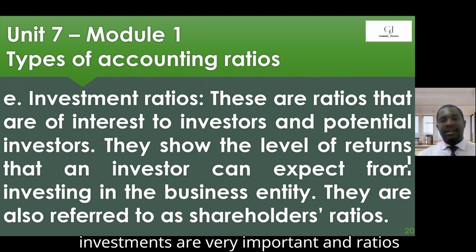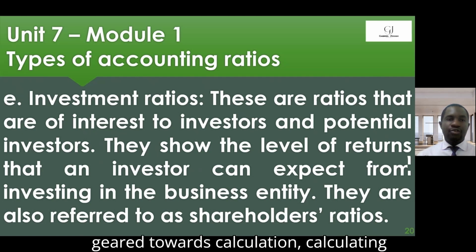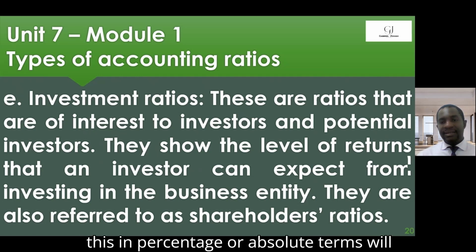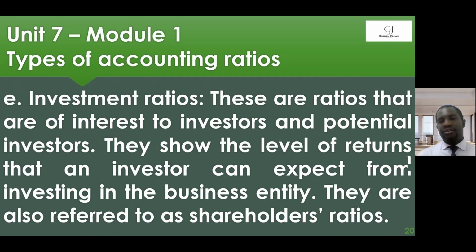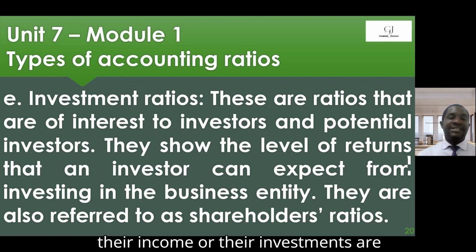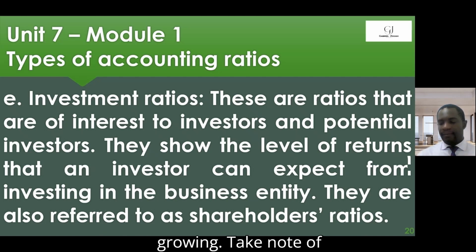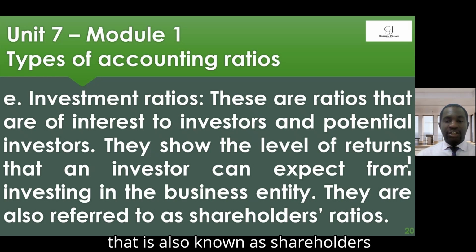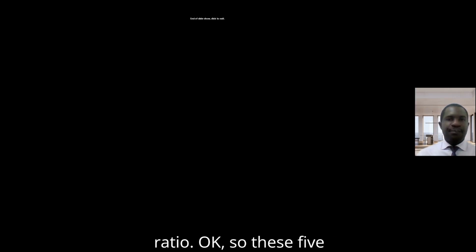Investments are very important, and ratios geared towards calculating this in percentage or absolute terms will help express to stakeholders in very clear terms how their income or their investments are growing. Take note of that. It's also known as shareholders ratio.